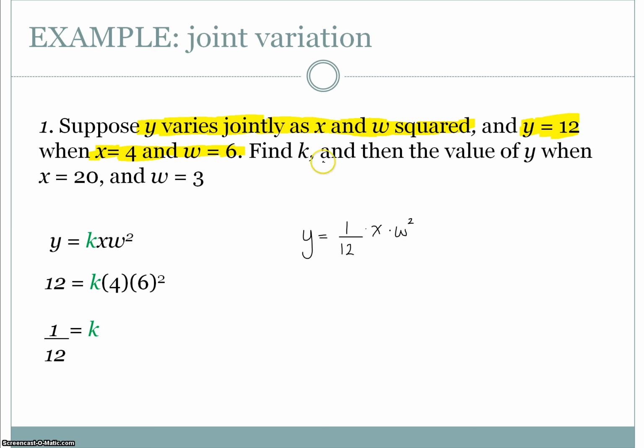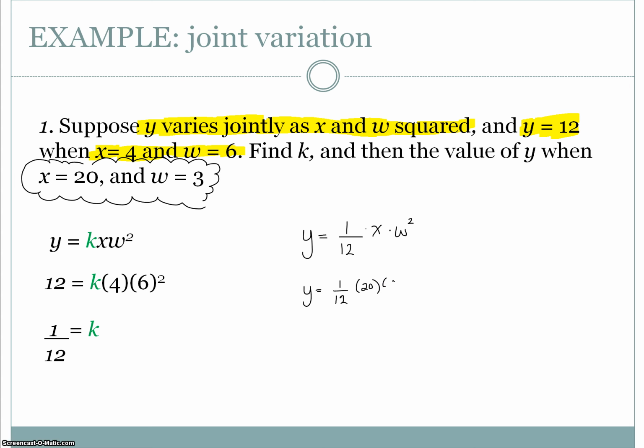So the second part of the problem says, now that you found k, find the value of y. And it's asking me to find the value of y when x equals 20 and w equals 3. So let's plug those in here. x equals 20 and w equals 3.